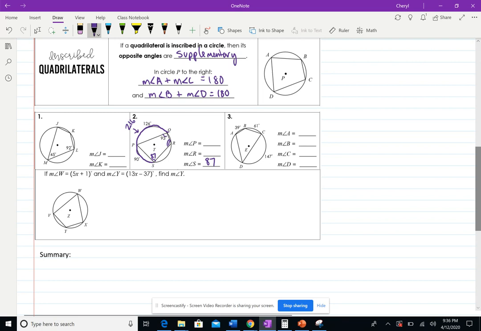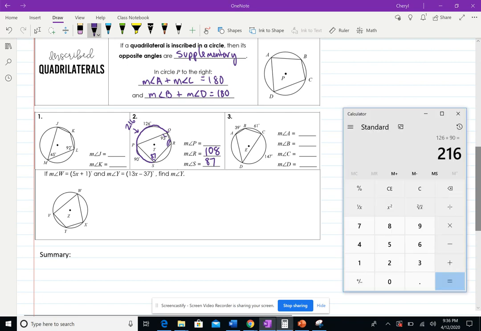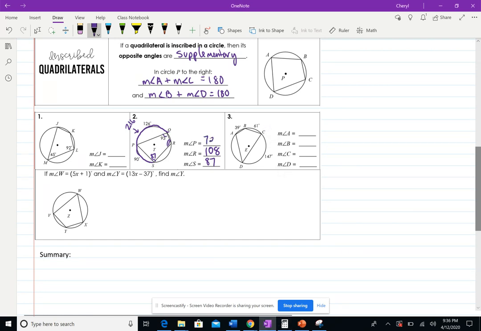Okay, so R is half of 216, which is 108. Okay, and then finally, R and P are supplementary, so we can just do 180 minus 108 to find P. So P is 72.